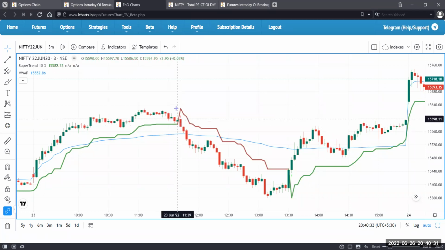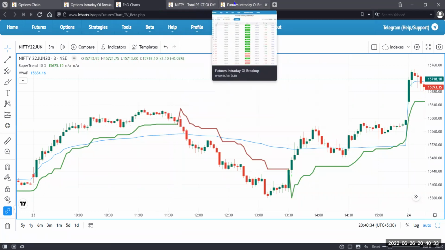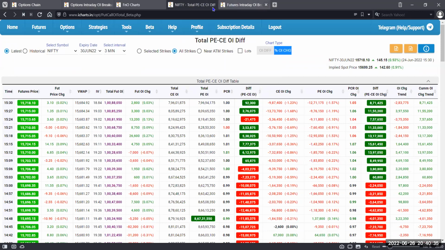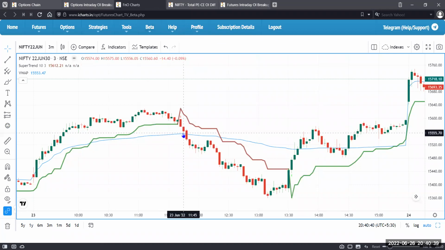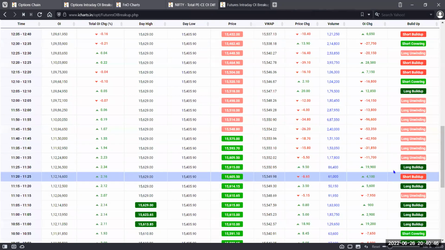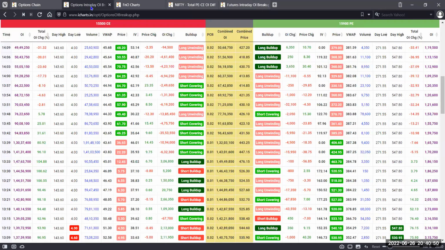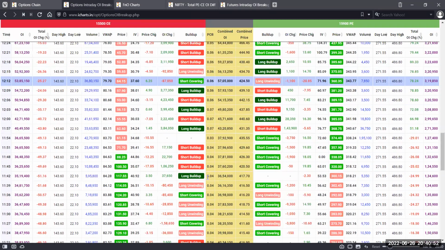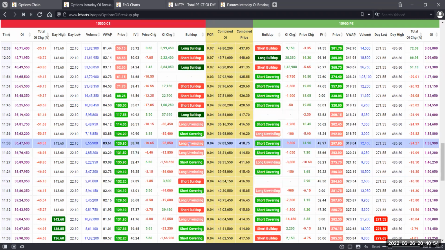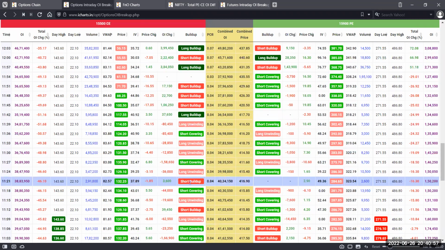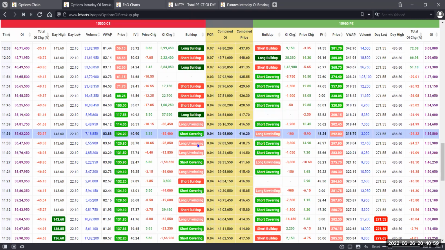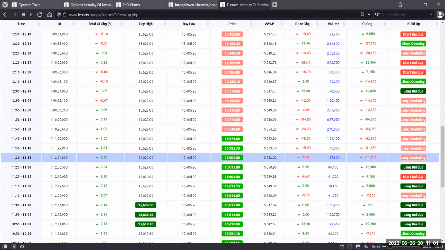Maybe, of course, we did not get a signal even over here, even in total PCR OI. We said that we got it somewhere over here, after the break of 11:45. So maybe some clues are there over here, as we had seen in options intraday OI breakup also. We saw long unwinding and short buildup happening over here also. So I think it's almost the same.